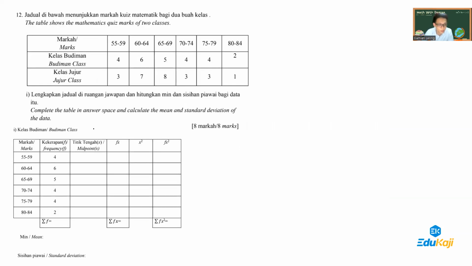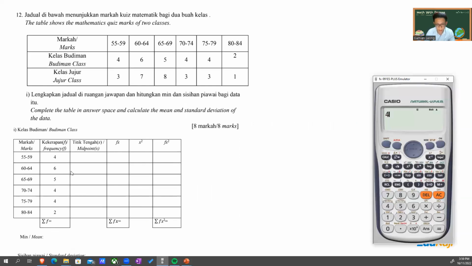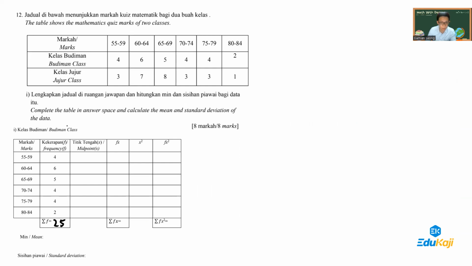Question 12. Complete the table in the answer space. Calculate the mean and standard deviation of the data. Total frequency, I can just add this together: 4 plus 6 plus 5 plus 4 plus 4 plus 2, 25. Midpoint, just add the intervals together, divide by 2.